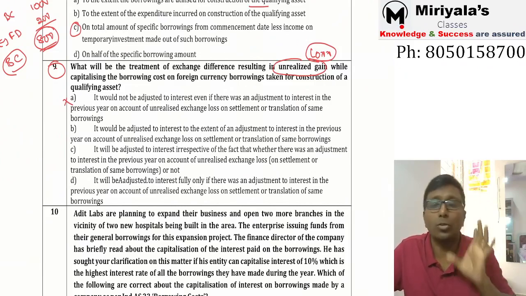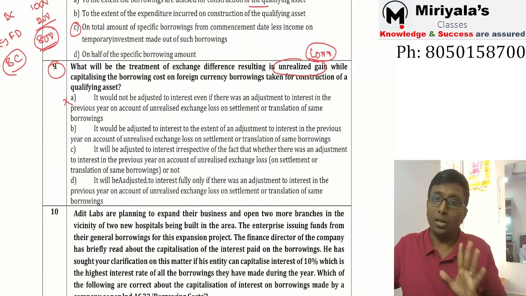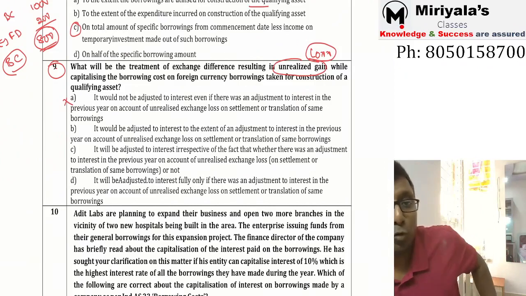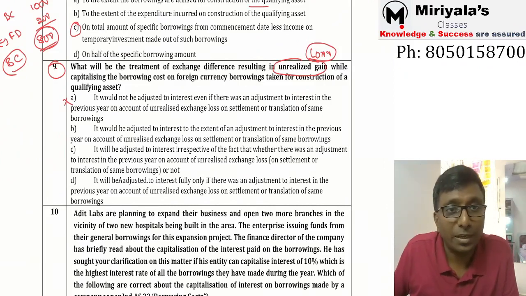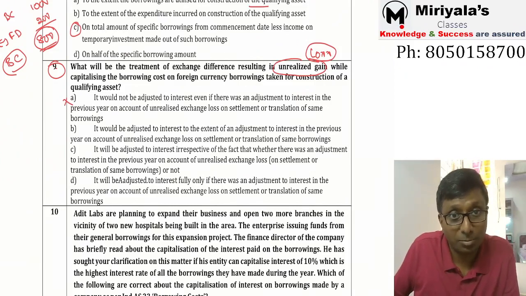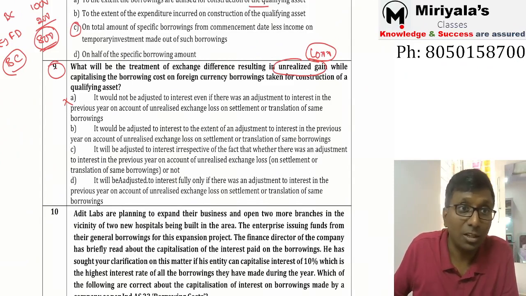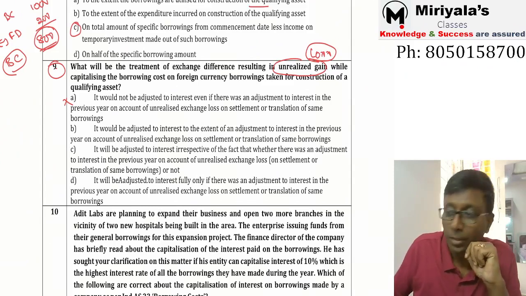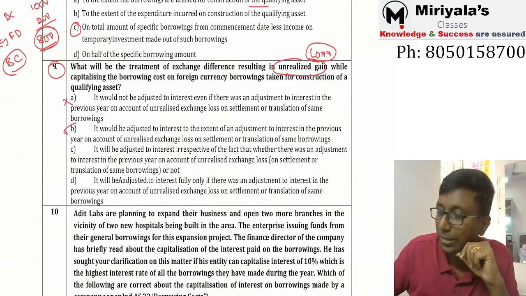Na, that 1,000 only can be taken back. Okay, right. So next, it would be adjusted to the interest to the extent of adjustment to interest in the previous year on account of unrealized exchange loss on settlement or translation of the same borrowing. This makes sense. Okay, yes, this is perfectly all right.